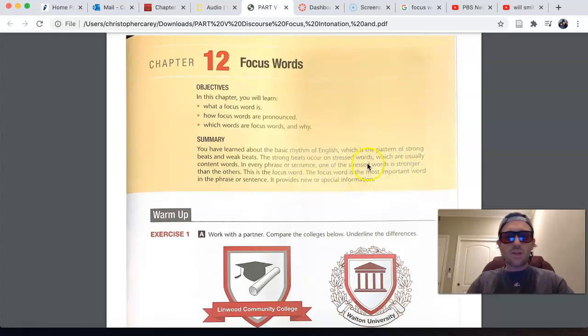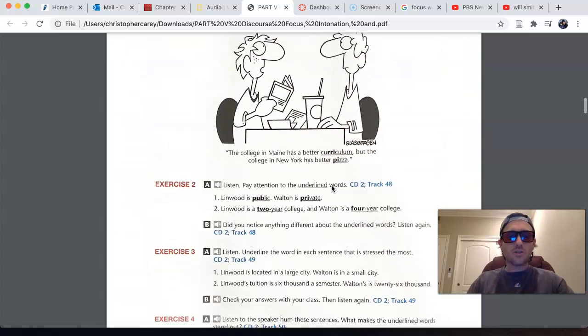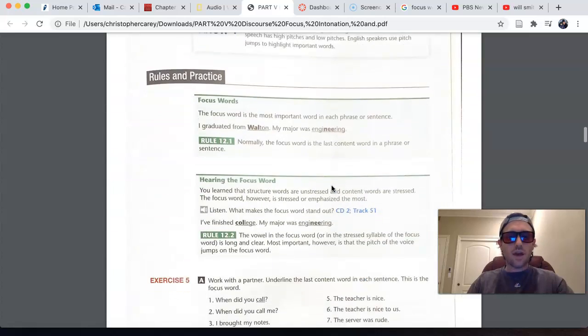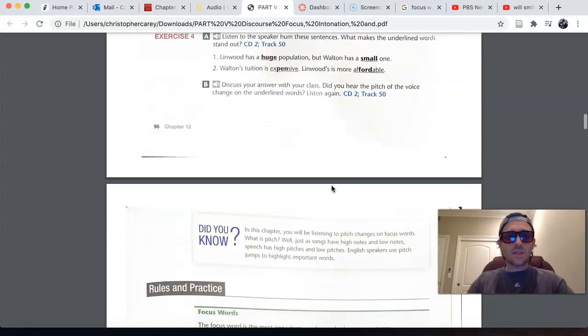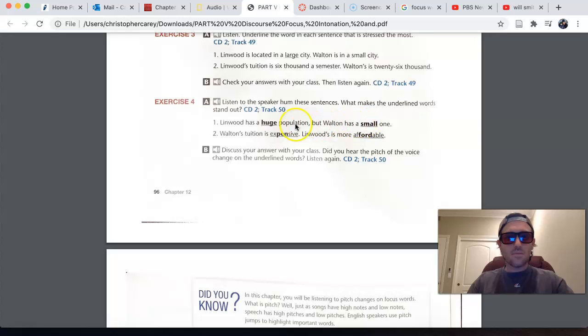Most important word in a sentence because it provides new or special information. And you can see how these sentences are basically the same, right? But the adjectives are what's providing new information or special information.